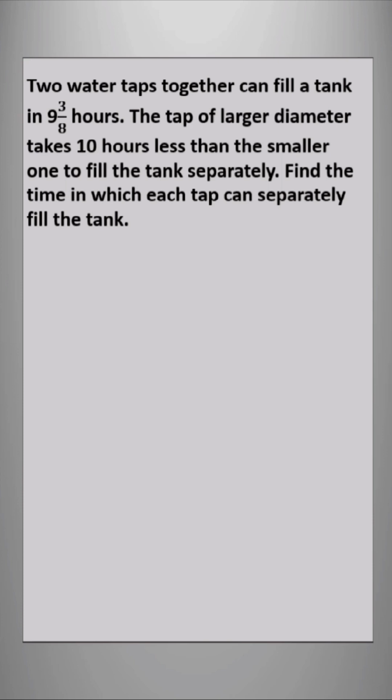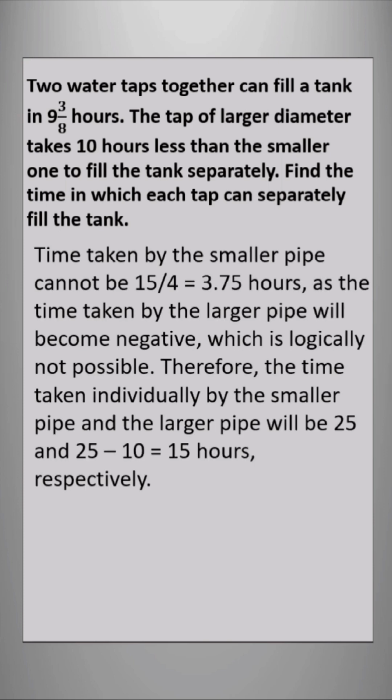Time taken by the smaller pipe cannot be 15 by 4, which is equal to 3.75 hours, as the time taken by the larger pipe, x minus 10, will become negative.